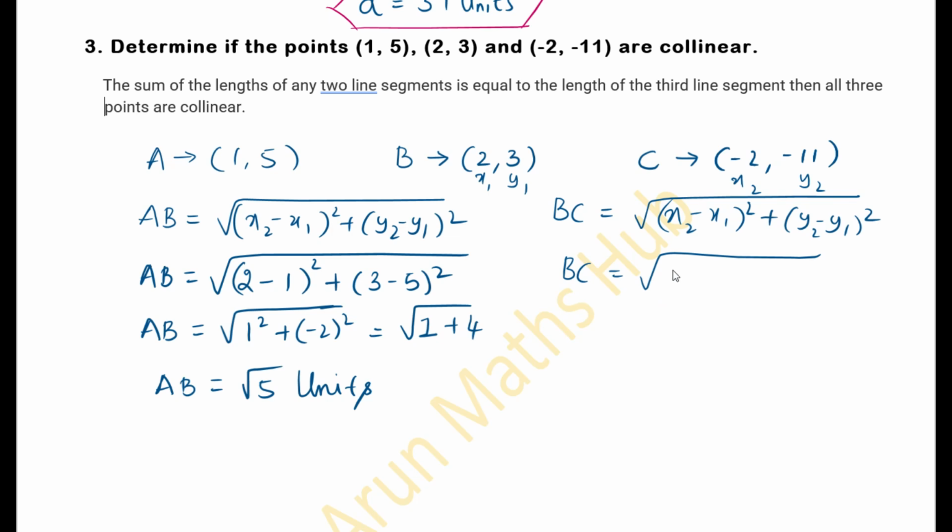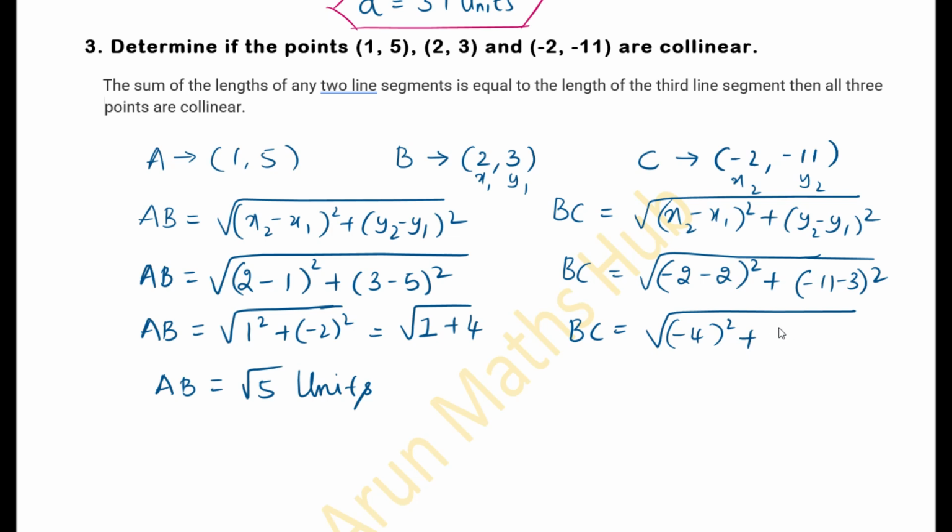Now BC equals square root of (minus 2 minus 2) whole square, that is minus 4 whole square, plus (minus 11 minus 3), that is minus 14 the whole square.